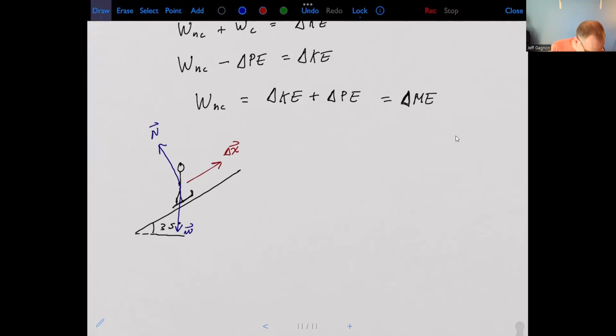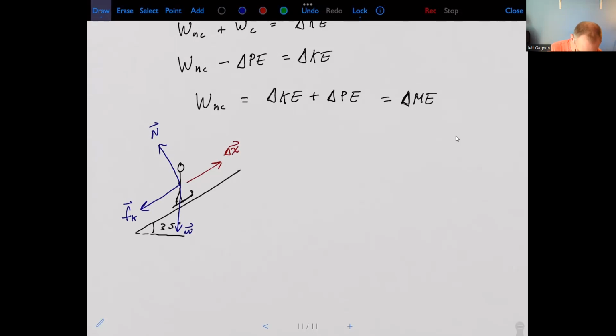But then we have this frictional force, and since they're moving, it's a kinetic frictional force. That is a non-conservative force, and it is going to be doing work. In fact, it'll be doing negative work on the skier as she goes up the ramp. Okay, so let's figure out what the magnitude of that kinetic frictional force is going to be.